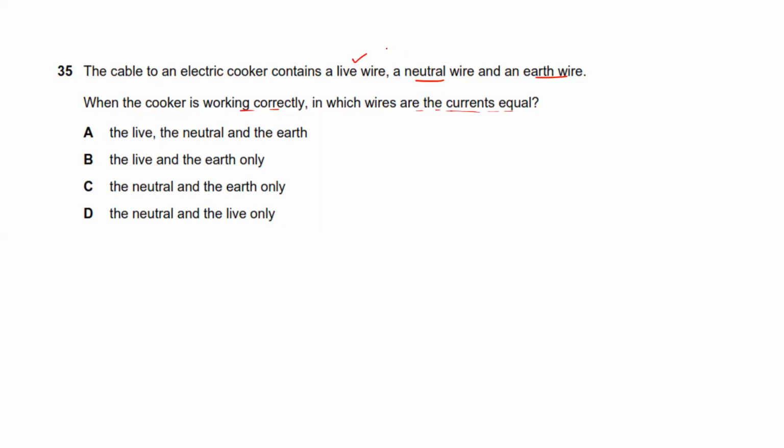So the live wire is the one that is carrying the current, yes. And technically there should be no current flowing through the earth wire. So the live and the neutral wire must have the same amount of current. So neutral wire, live wire, yes, earth no, neutral and earth no. So answer D is the best choice we have.